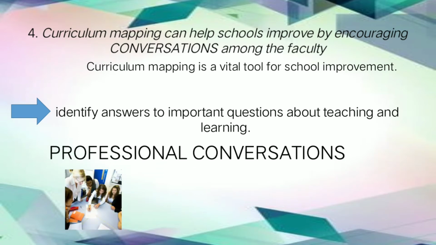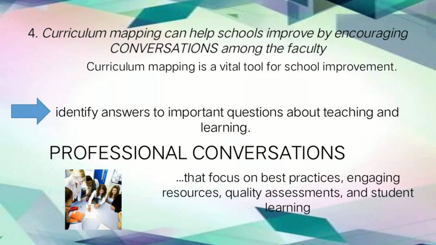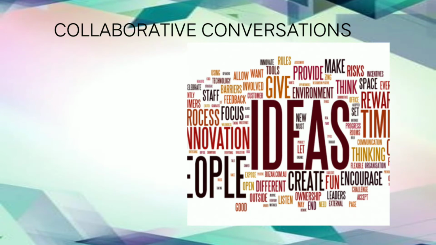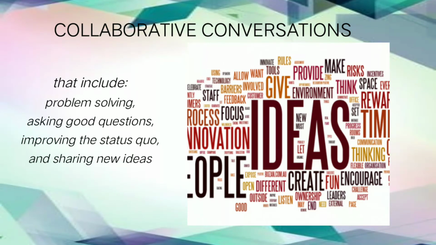Through this, we can focus on the best practices, engaging resources, quality assessment, and student learning. And also collaborative conversations that include problem solving, asking good questions, improving the status quo, and sharing new ideas will lead us to a better future where learning is efficient and effective.